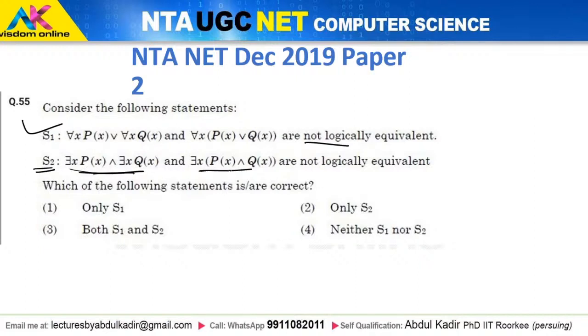Let's assume that in your domain you have two elements. For these elements, PA you make true and QA you make false.